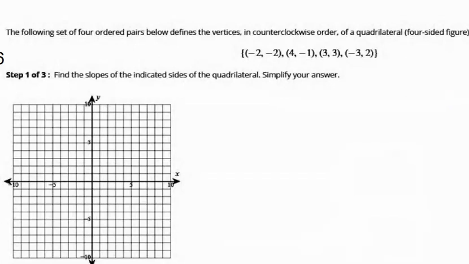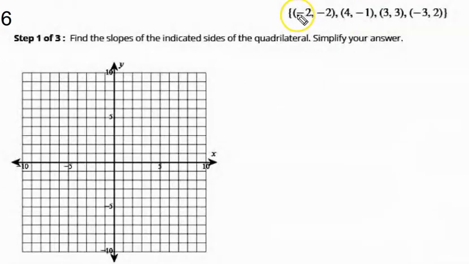And let's make this bigger. And plot these. Negative 2, negative 2. So negative 2, negative 2. We have a point right there. 4, negative 1. So 4, negative 1.